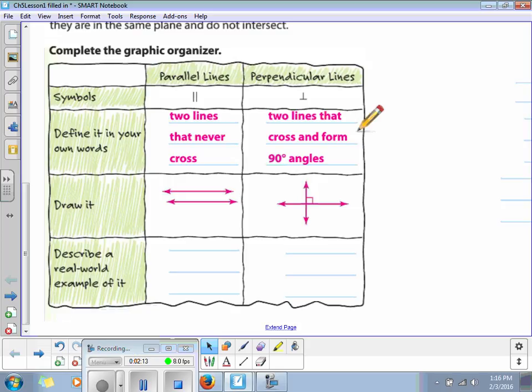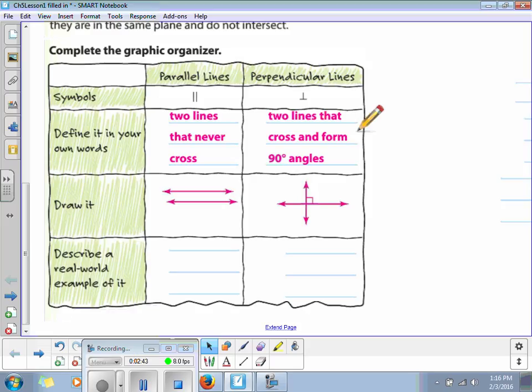So who knows if it's 90 degrees? Could be 89, could be 88, could be 92, could be 91. But if you put that little square in there, that is telling the reader of your paper that your intention was to say that that's a 90-degree angle. Okay? Does that make sense? So even if you are not using measuring tools, you can say that's a 90-degree angle by putting that little box in the corner.